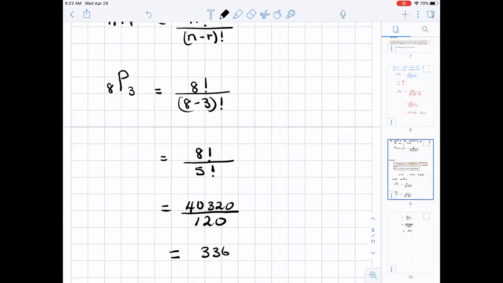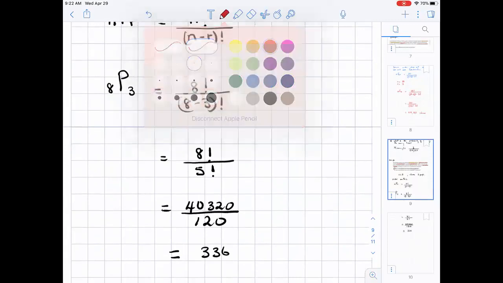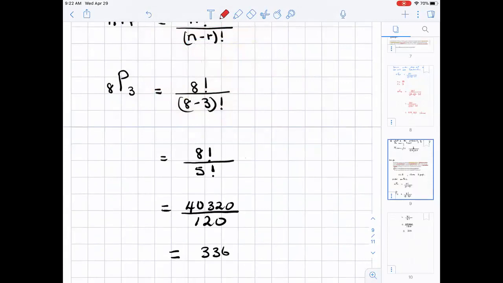336 ways. Now I want to point out something to you. This can be worked out, because 8 factorial really means 8 times 7 times 6 times 5 times 4 times 3 times 2 times 1.